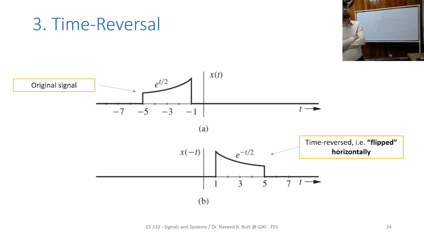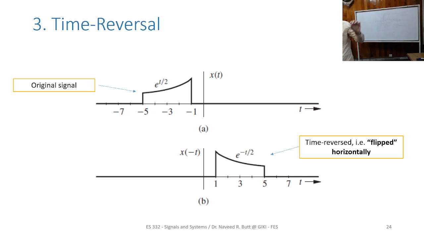So what happens in time reversal? You replace t by minus t. What will the formula be? You just replace t by minus t. So you get the flip along the x axis, the y axis acts as the mirror, right?